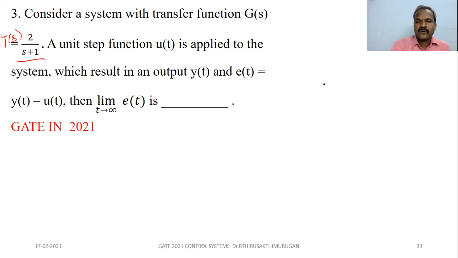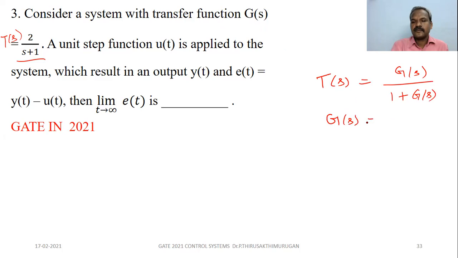So we have to find the open loop transfer function. You know the closed loop transfer function t of s equals g of s divided by 1 plus g of s. So also we know that g of s from the closed loop transfer function is t of s divided by 1 minus t of s. Understand or not? This is the difference between these two.